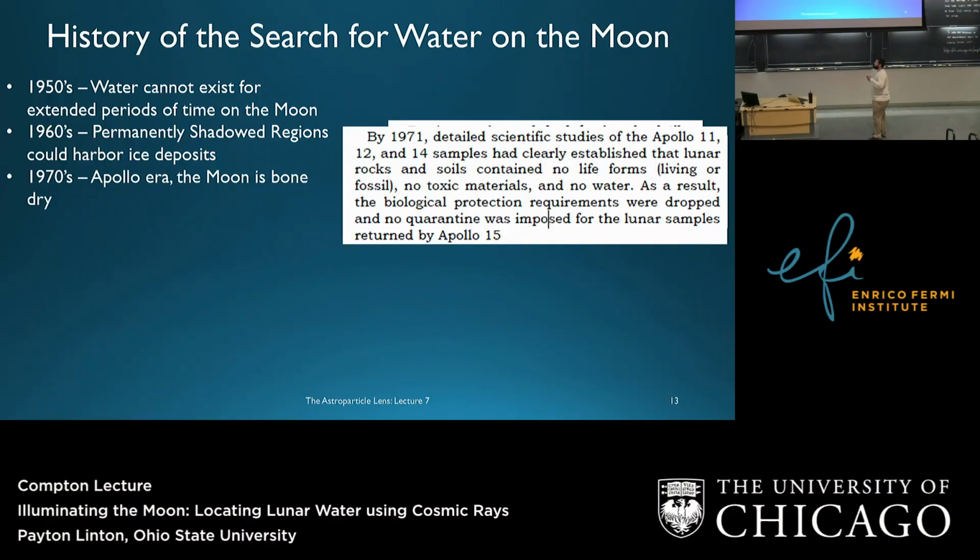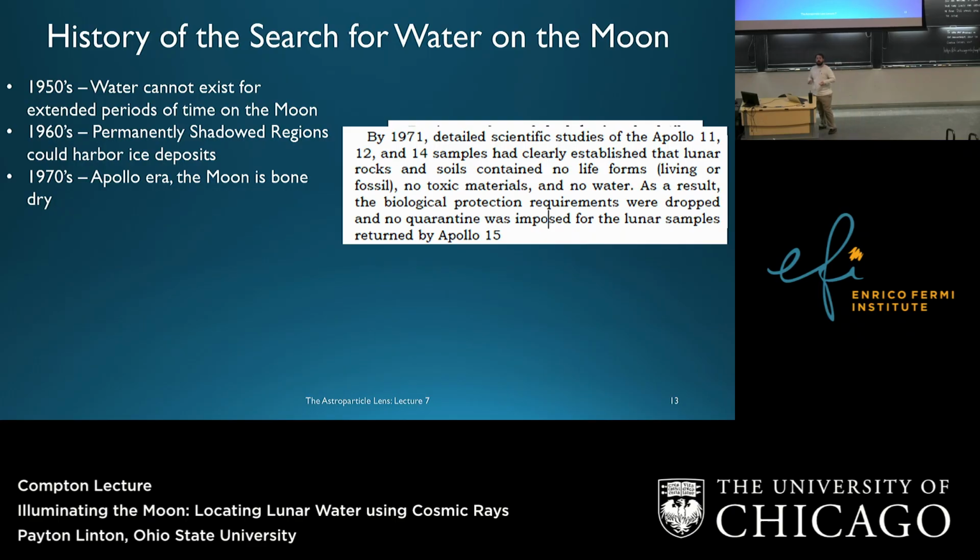Right? And so then in the late 60s and into the 70s, we enter the Apollo era, where we go and we bring samples back. Now, none of the Apollo missions went to a permanently shadowed region, but the idea still being, if PSRs are capable of holding water for billions and billions of years, elsewhere on the moon, you still might expect to find small trace amounts of water.